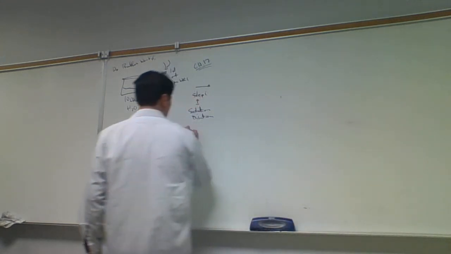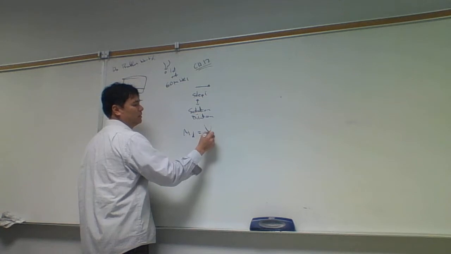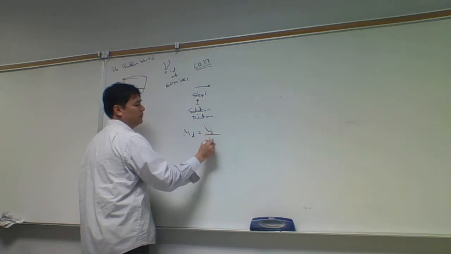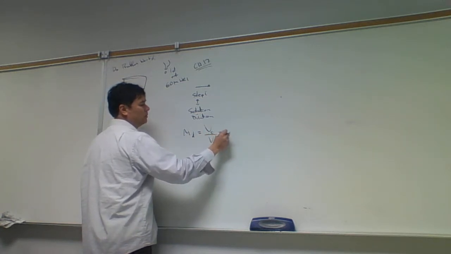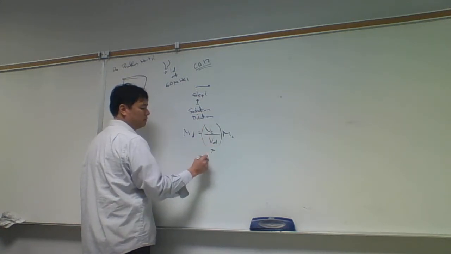The molarity of the dilute stuff is equal to the volume of the concentrated over the volume of the dilute times the molarity of the concentrated. This thing is called your dilution factor.